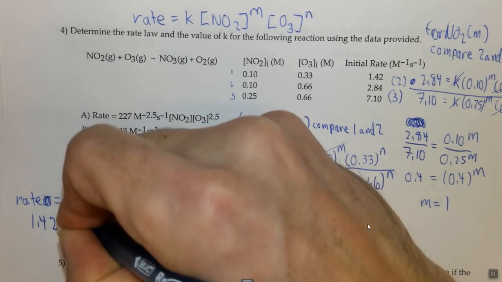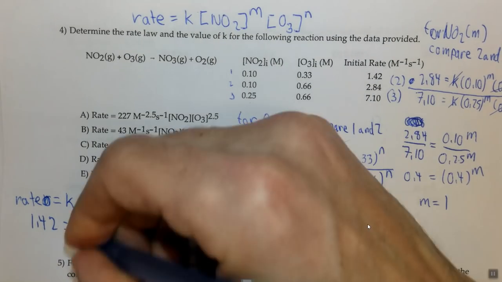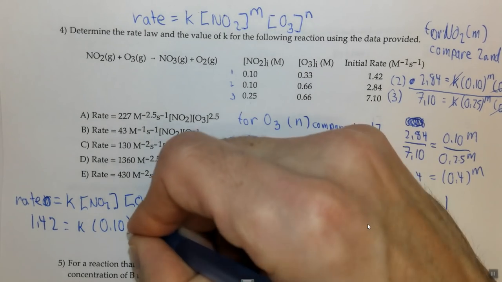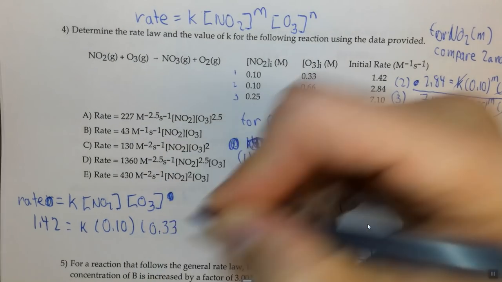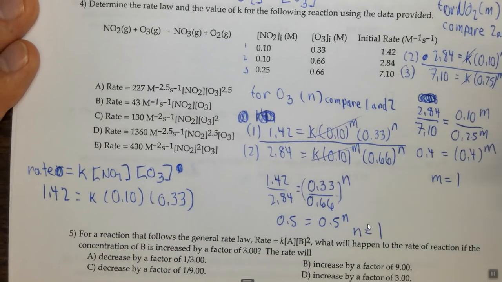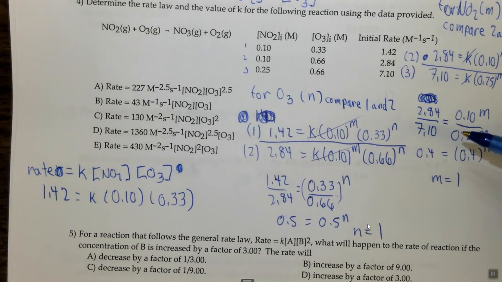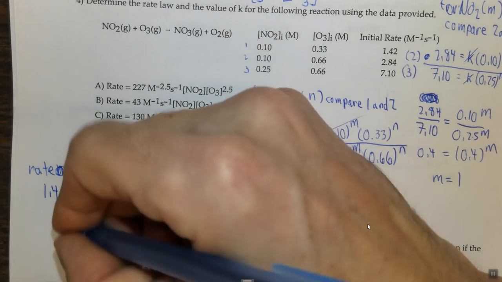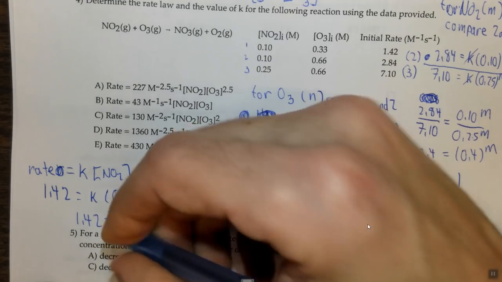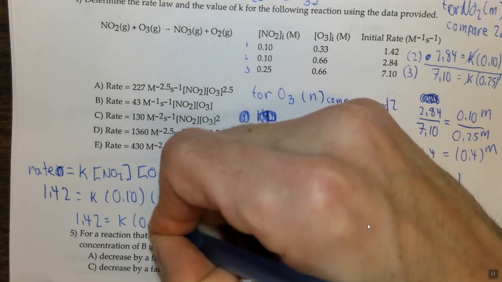1.42 equals k, the concentration of NO2, 0.10, the concentration of O3, 0.33, and I'm omitting units here just for clarity because I just don't have enough space on the paper to write all the units out. And what I end up with is 1.42 equals k times 0.1 times 0.33, which is 0.033.